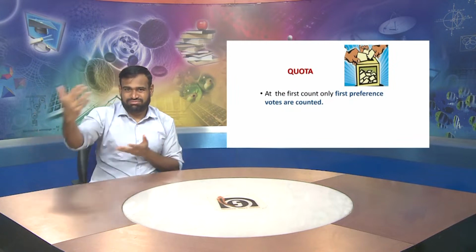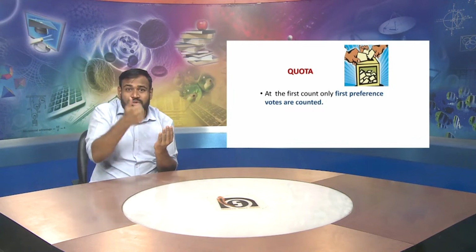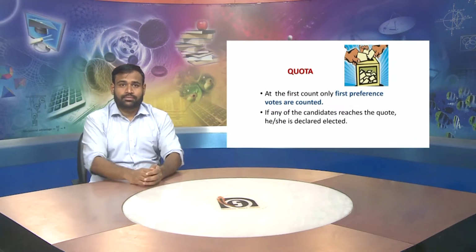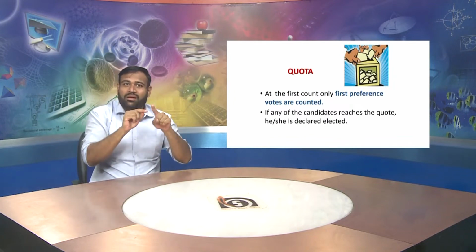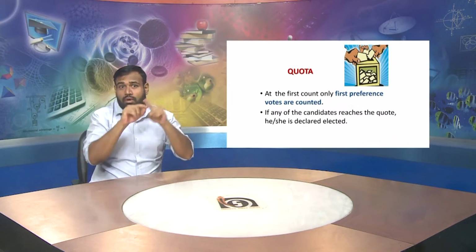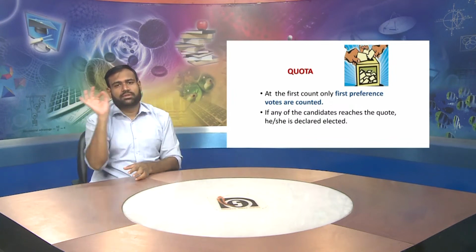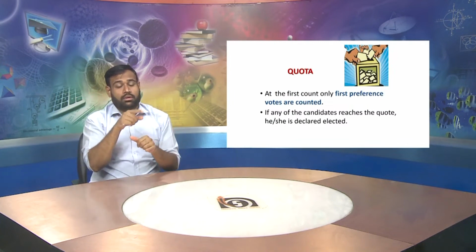Let us understand it further. At the first count, only first preference votes are counted. After the first preference votes are counted, if any candidate reaches the quota, then he or she is declared elected.